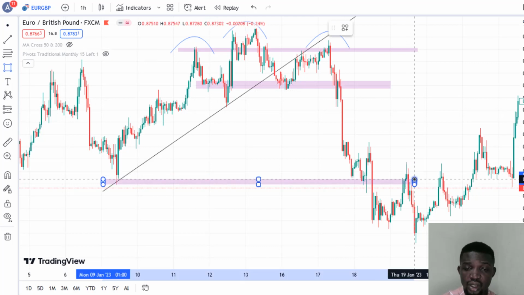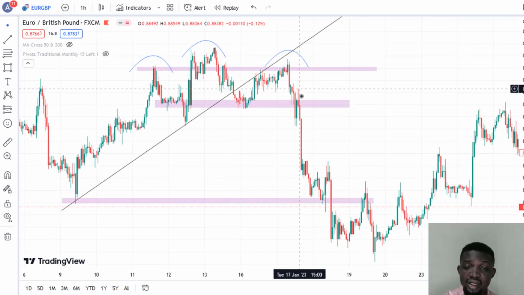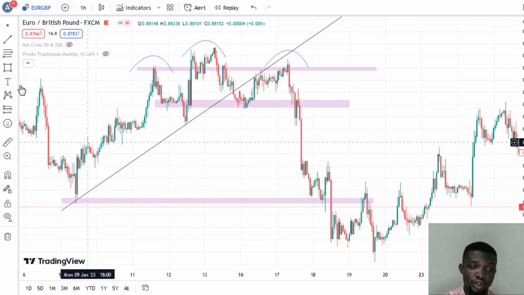This is going to be our support here, which is our profit target. And as you can see, immediately after the retest, price keeps pushing down to our support.